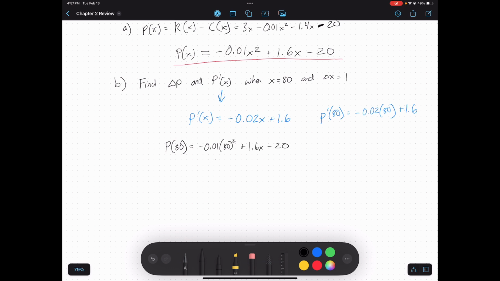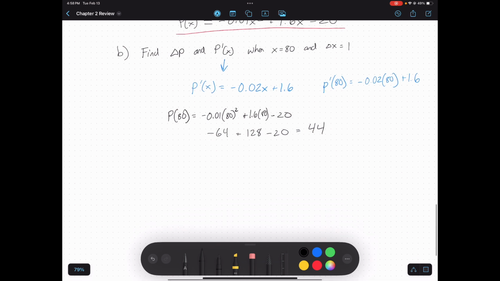Okay, well, negative 0.01 times 80 squared gives me negative 64. And then 1.6 times 80 gives me 128. Minus 20, I end up with 44. So that's my profit when I produce 80 units.